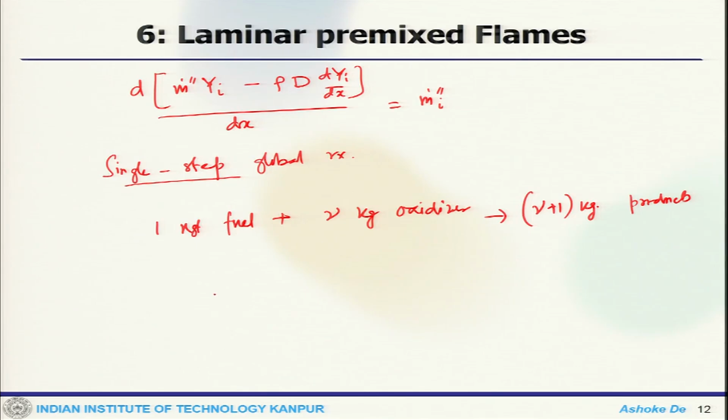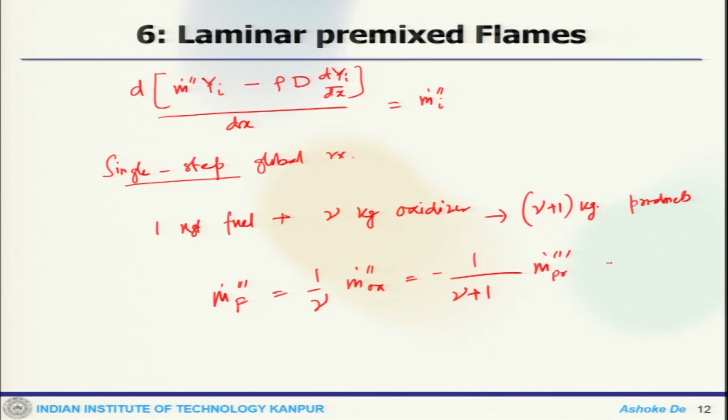So, I can write m dot f equals 1 by nu m dot oxidizer equals 1 by nu plus 1 m dot product. So, you get the fuel, oxidizer mass flux and the products mass flux equated.